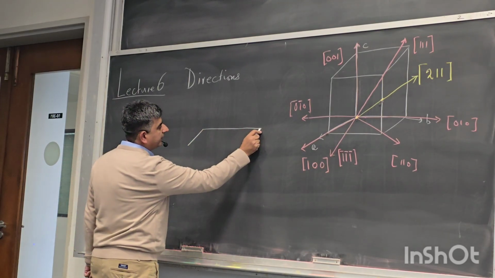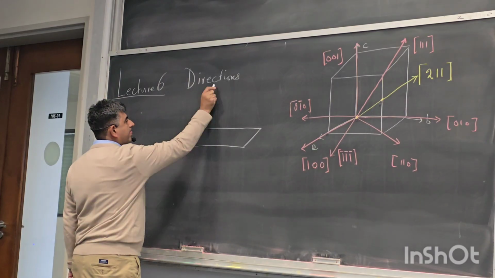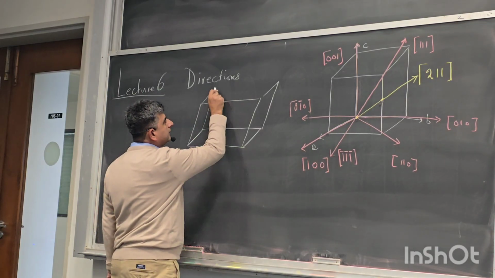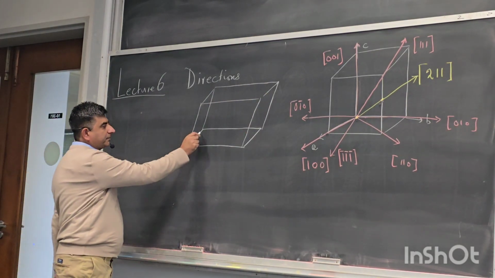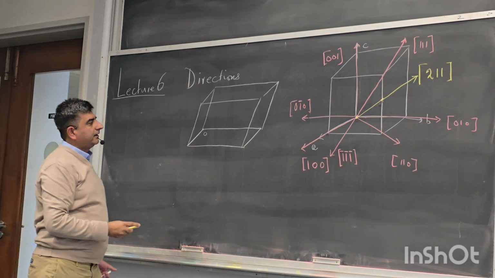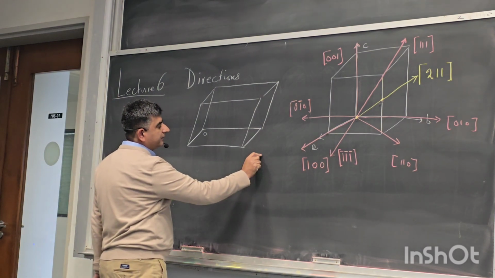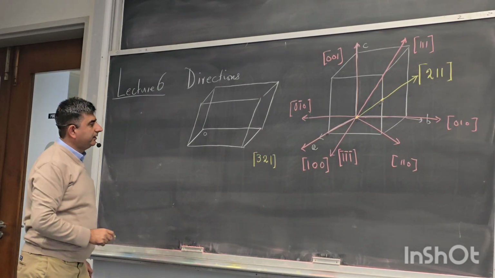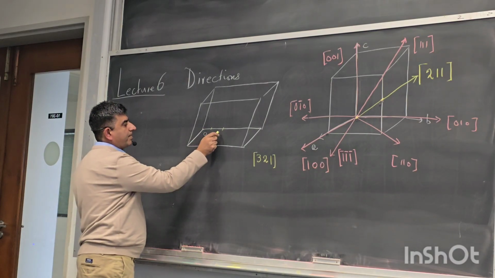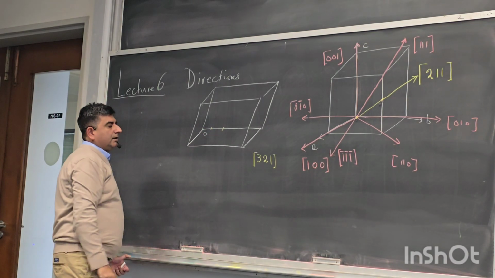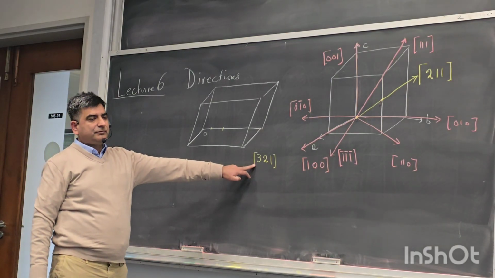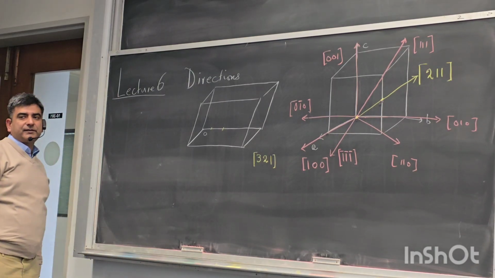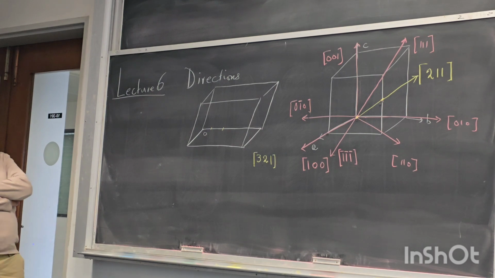For example, if I consider the monoclinic unit cell, this is my origin over here, then the direction, say [3, 2, 1], would be: you move 3 units along the A axis, 2 units along the B axis, and 1 unit along the C axis. So can you draw this particular direction in this unit cell?